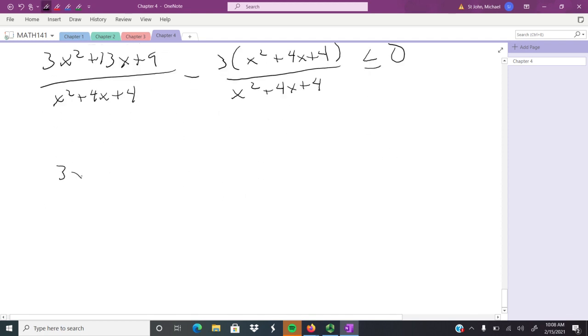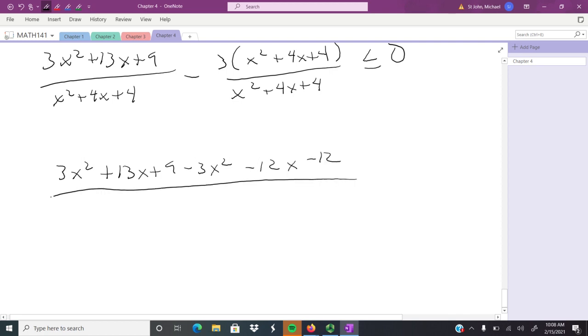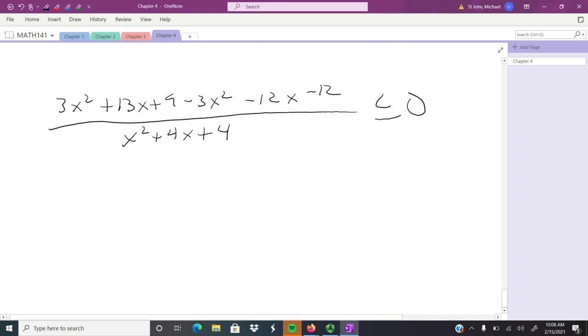So this will be 3x squared plus 13x plus 9 minus 3x squared minus 12x minus 12 over x squared plus 4x plus 4. Simplify.